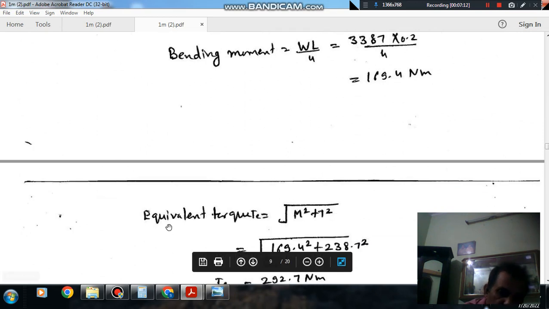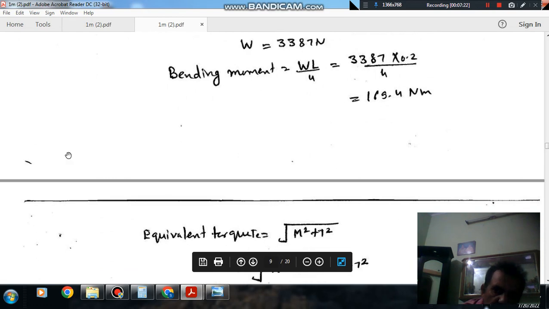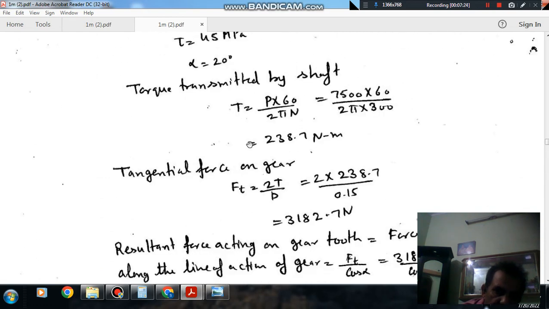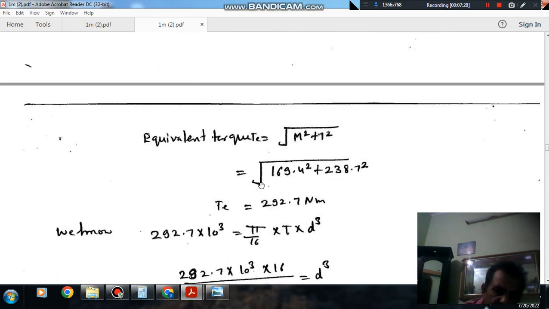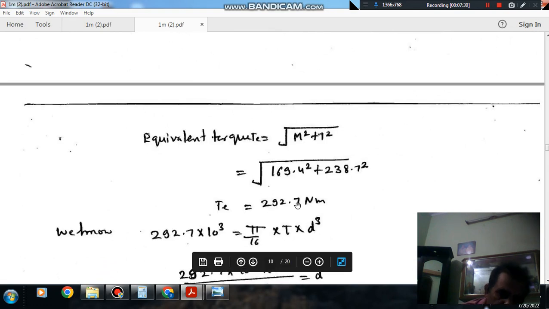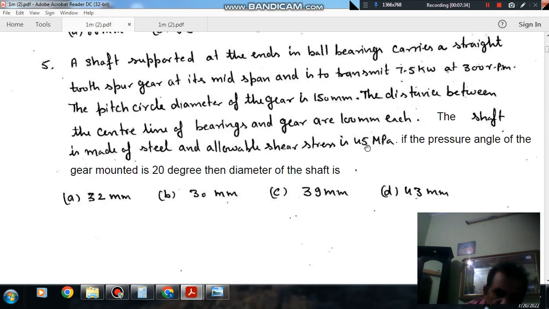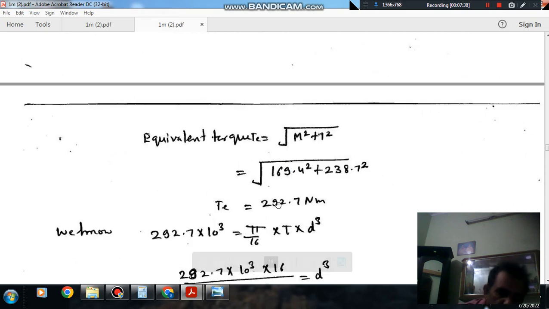So the equivalent torque is root of M square plus T square. The value of bending moment is 169.4 and the value of torque is 238.7, so the equivalent torque comes out as 292.7 Newton meter.